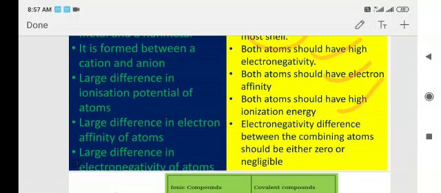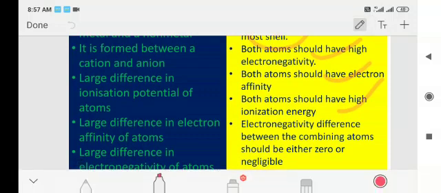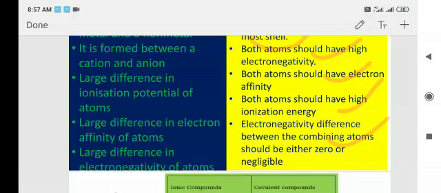And the last point, the electronegativity difference between the atoms should be either 0 or negligible. These are the main points you have to remember as conditions for the formation of a covalent bond.